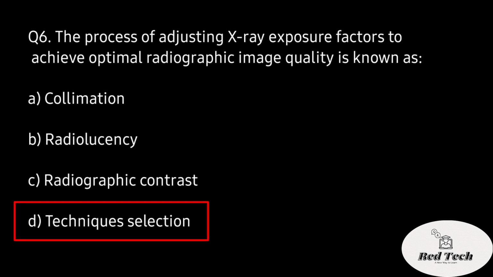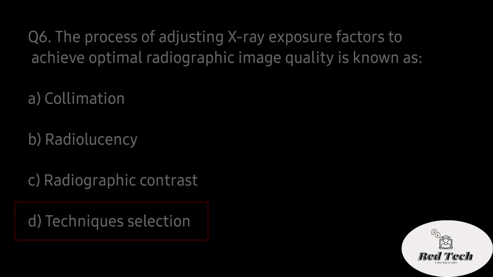So to achieve optimal radiographic image quality, we have to consider this in the printing section. When we print the radiograph, we have to maintain the brightness and blackness level, or you can say contrast and brightness level in the image. So this is all about technique selection.